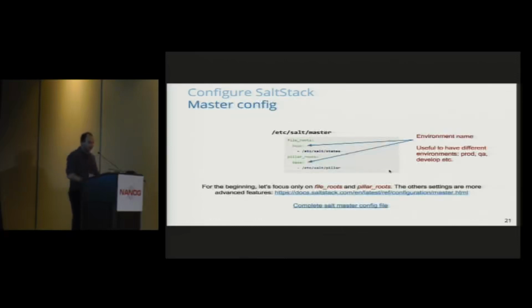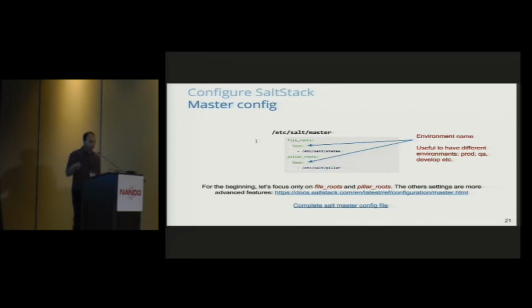Now, the master config file is usually in /etc/salt/master. It depends also on your platform. On Debian, by default, it will be in /etc/salt. On CentOS, I think it is in /srv and so on. There are many options to be configured at this level. The most important are the file roots and the pillar roots. The file roots is the place where you will store from now on your state files and reactors and all the action part you will need.